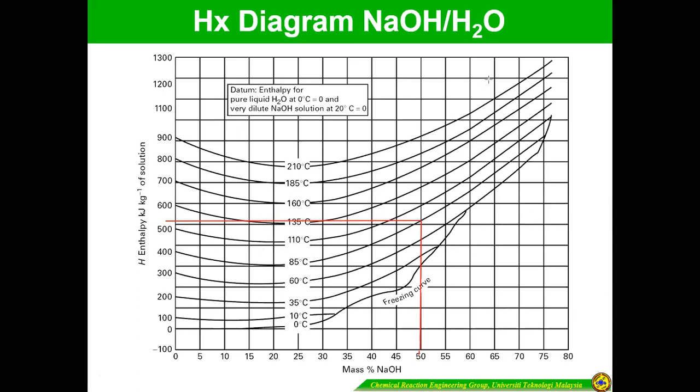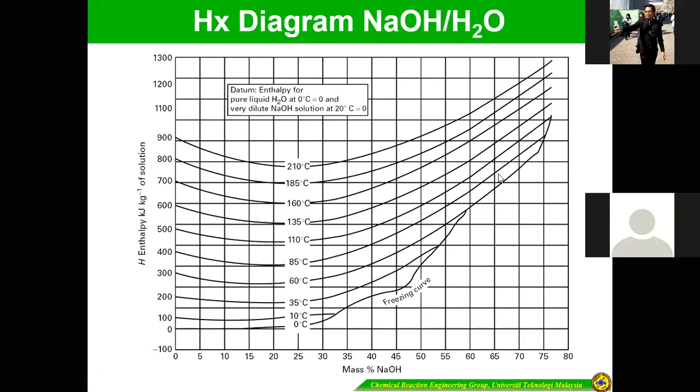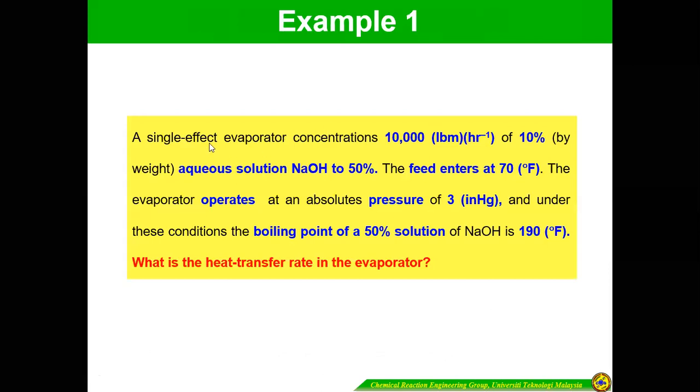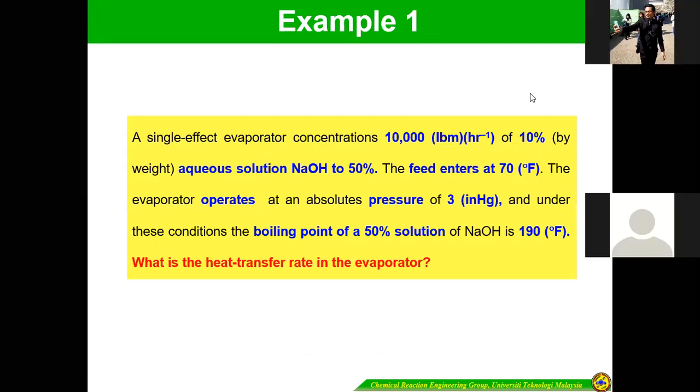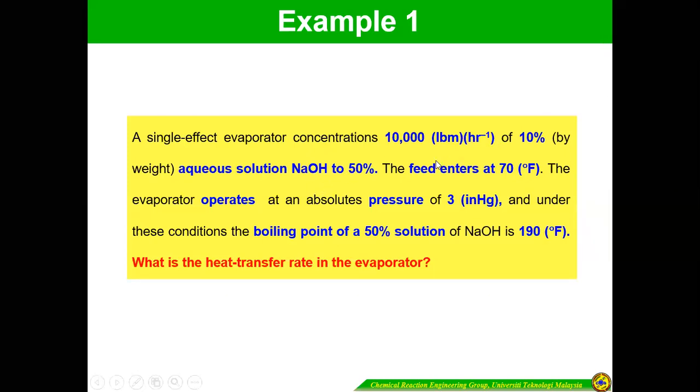So that is for the delta H of mixing. Okay, let's see the example. A single effect evaporator concentrates 10,000 pound mol per hour of a 10% by weight aqueous solution of NaOH to 50%. The feed enters at 70 degrees Fahrenheit.